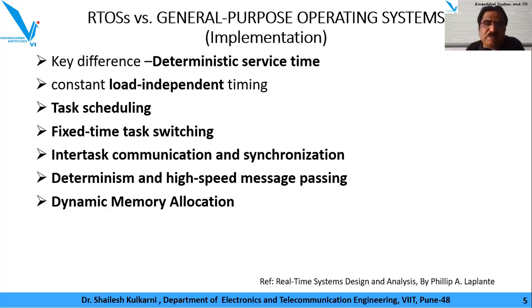Again, this particular point is very much related with load independent timing, or the load independent service offer time, of this RTOS. Then intertask communication and synchronization is also in the same way, where irrespective of the message length or the number of messages, this RTOS service would offer in a different way. Okay, and then deterministic and high speed message passing.